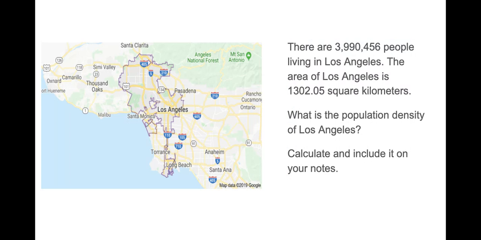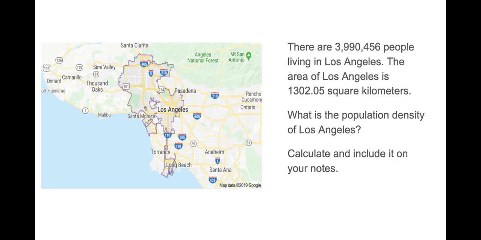Some of the possible calculations that you would have to do are something like the ones we have for this example. In the past, because you were not supposed to use calculators, they would give you whole numbers, like the population in LA would be 4 million people, and the area in LA would be 1,300 square kilometers. And then they would ask you something like, what is the population density of LA?